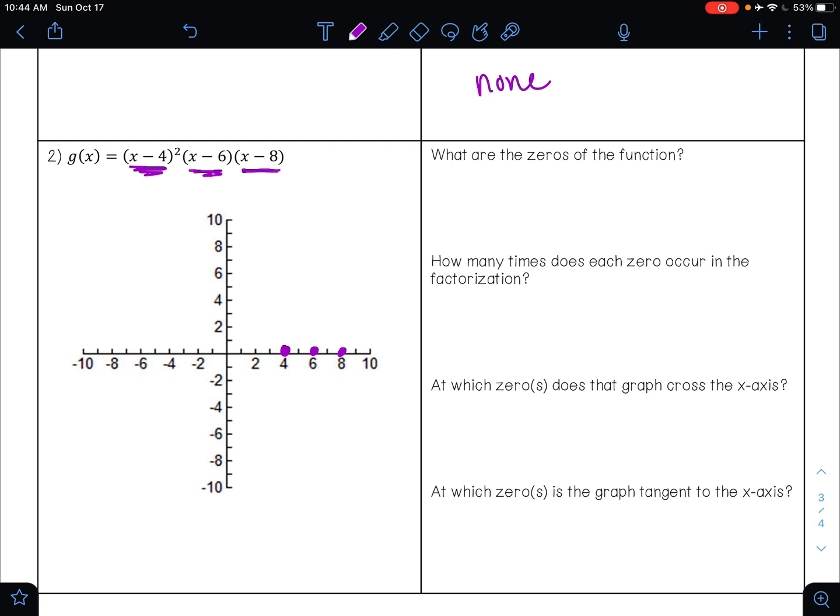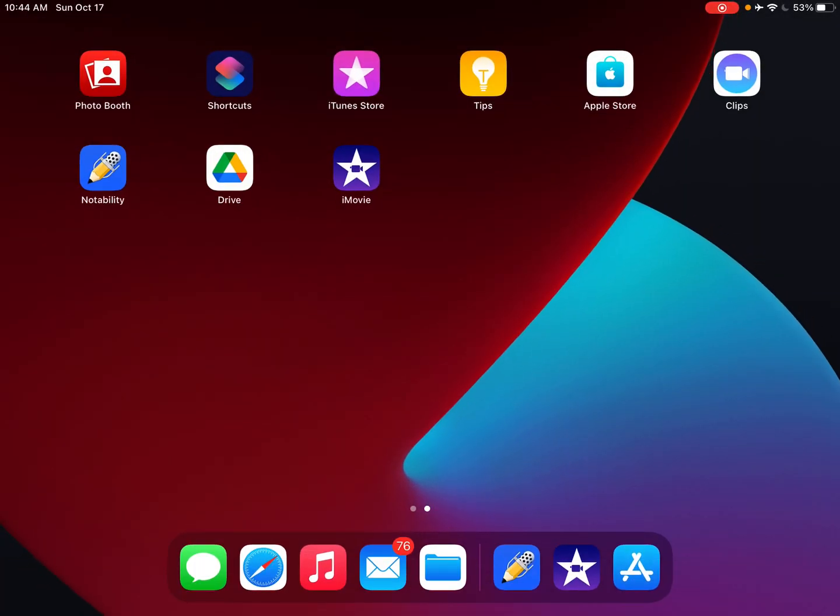And if you're like, I have no idea where you're getting that from, I'm just using the principle of zero products, which would say that I would have x minus 4 equals 0, x minus 6 equals 0, and x minus 8 equals 0. The x minus 4 would happen twice, but I only have to write it once because it would be the same x-intercept. If that's confusing, again, you can just head on over to Desmos.